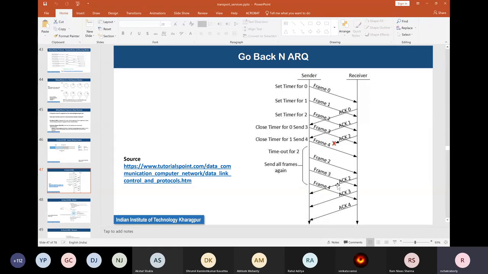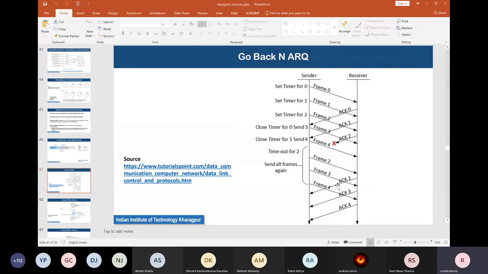If we assume the window size is 3, then it is frame number 2, 3 and 4. So it says I have sent out 2 that has timed out, but I have also sent out 3 and 4, so I don't know what is happening. It gets very nervous, and other than 2, it also sends out 3 and 4.